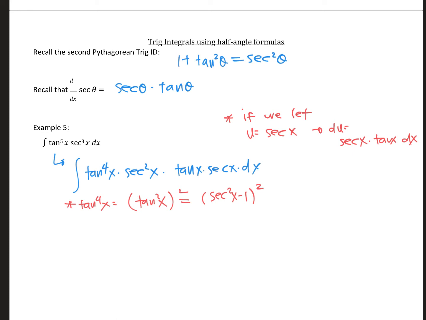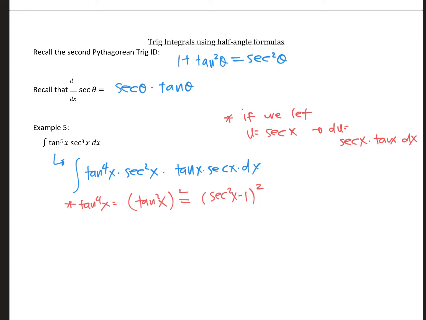So I can rewrite the whole thing. The reason I wanted to do it this way is because I want to let my u be secant, because this is my du dx. So I want to convert everything to secant. This is already secant, so I don't have to convert anything. This is tangent to the fourth, so I can do tangent squared, squared, and use tangent squared to convert that into secant.